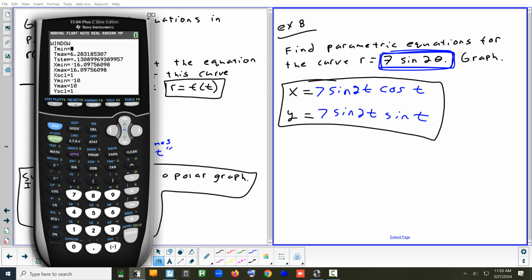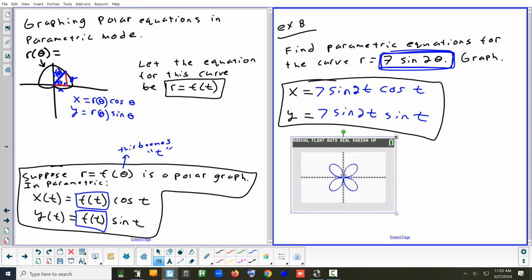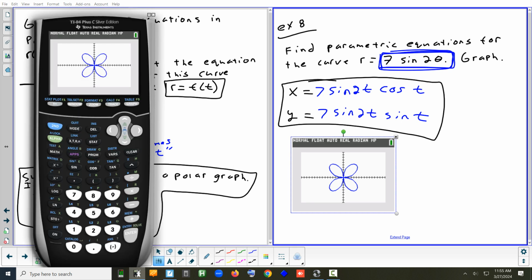For my window, that might be okay. Let's just try it. Yeah, a little jagged, but that's the idea of what it should look like. And we can confirm we did it correctly because we can go back to polar, type in the original problem they gave us, and see if it looks the same. 7 sine 2 theta.